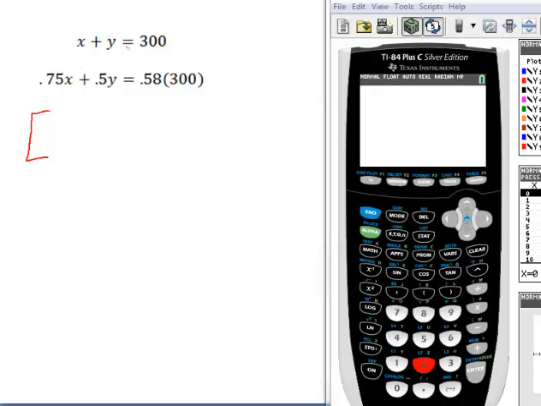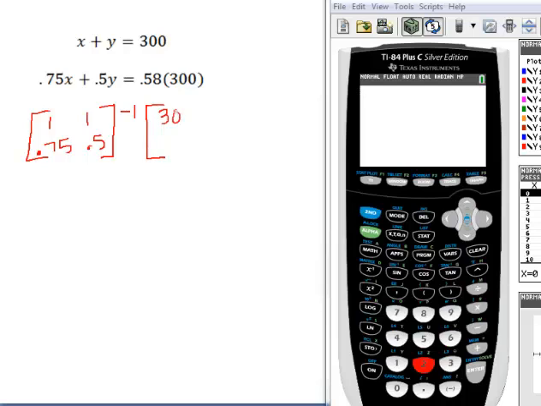I have ax plus by equals c. So you just take your coefficients on the left side, 1, 1, 0.75, and 0.5. When I'm solving this, I always take that coefficient matrix and do the inverse of it, and now I'm going to multiply that times my constant matrix over here.